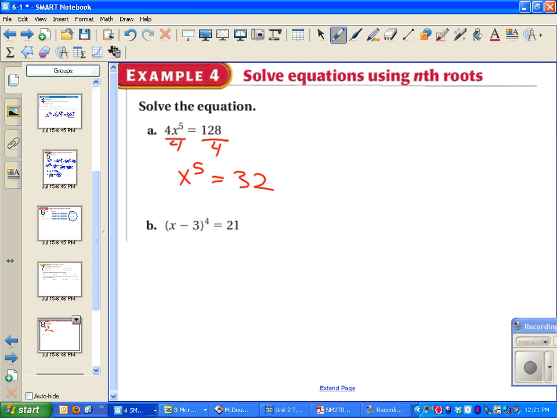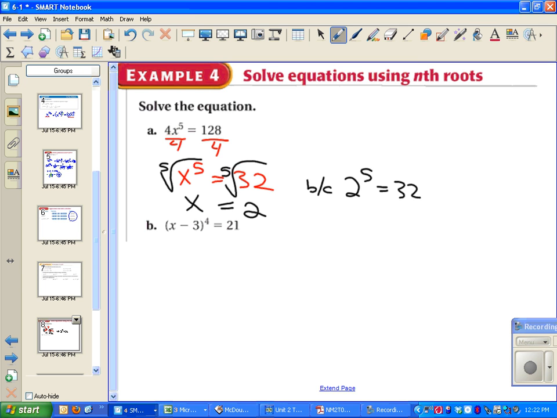And then what gets rid of a 5th is to the 1/5 power, or we can do the 5th root. Right? So the 5th root undoes the 5th. And so on the left we get x. This side, let's see, we have an odd root, so we only have one real root, and that would be 2 because 2 to the 5th is equal to 32.